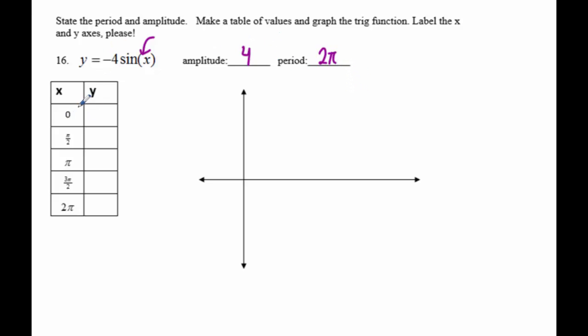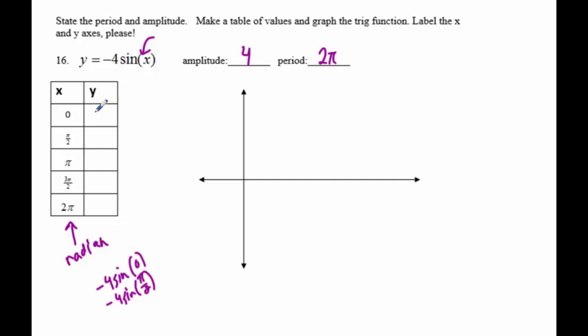So if I want to fill in this table of values, I can get on my calculator in radian mode, and I can type in -4 sine of 0, and then press enter, and -4 sine pi over 2, and press enter, and so on, and I can get these answers.